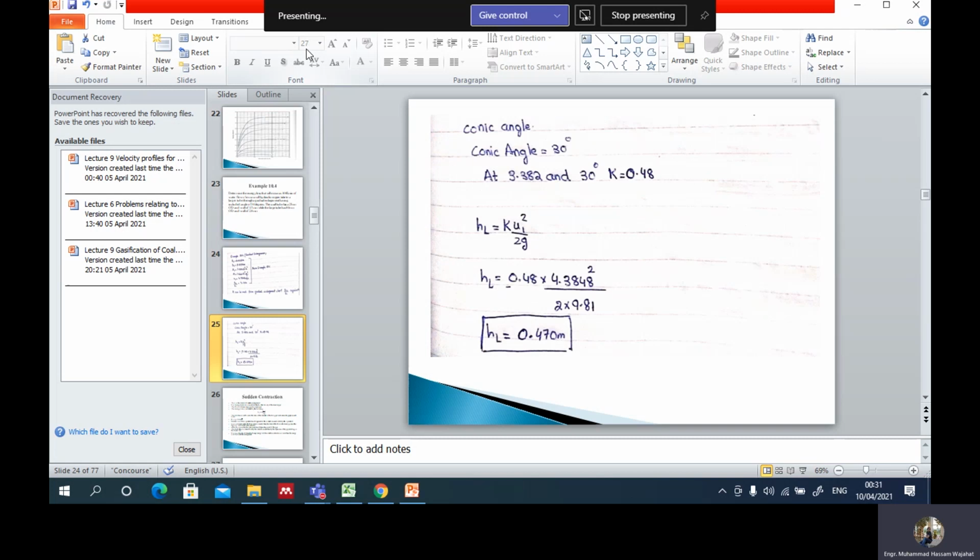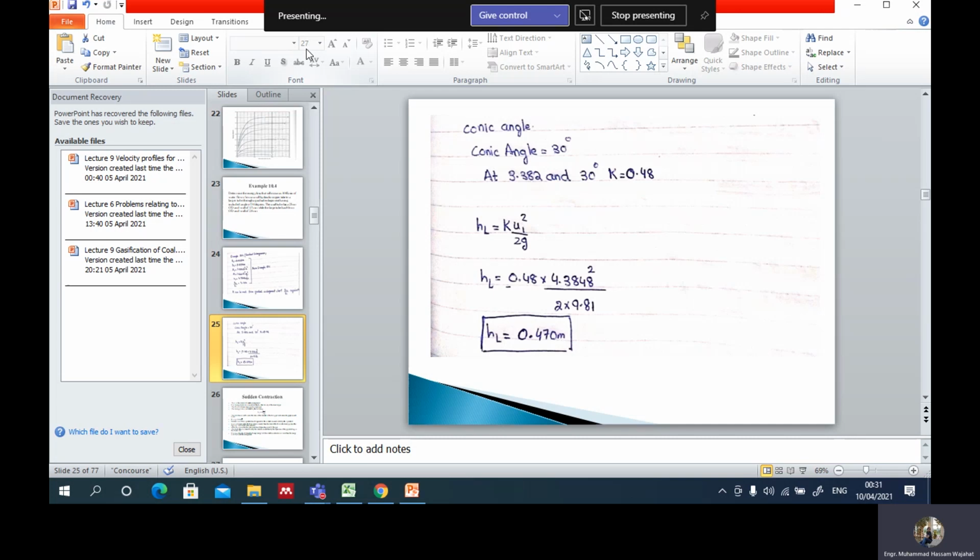What I want you to observe is, look at the answer of HL. In gradual enlargement, HL is coming 0.470. If we remember properly, in sudden enlargement, the HL was 0.7 something. 0.7 versus 0.4, it is clear that it is bigger.